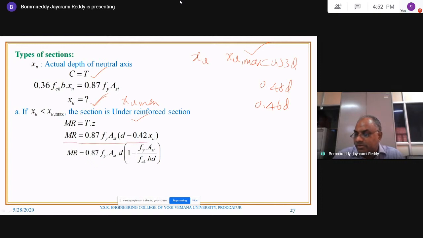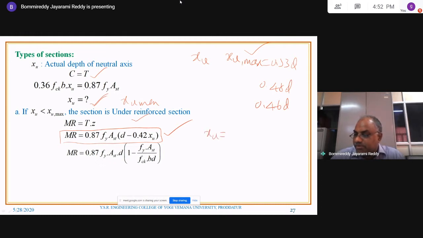So this is the formula that is to be remembered. That is enough. This is the only thing. Don't try to remember the expanded formula. What is the XU value?